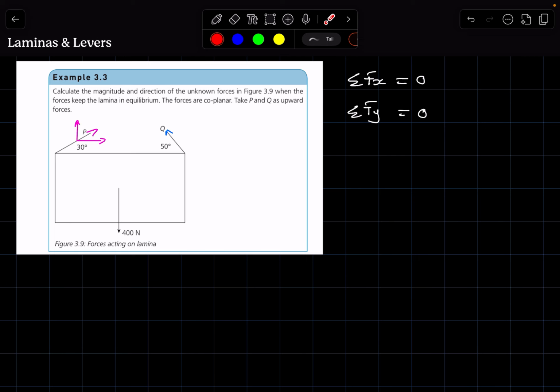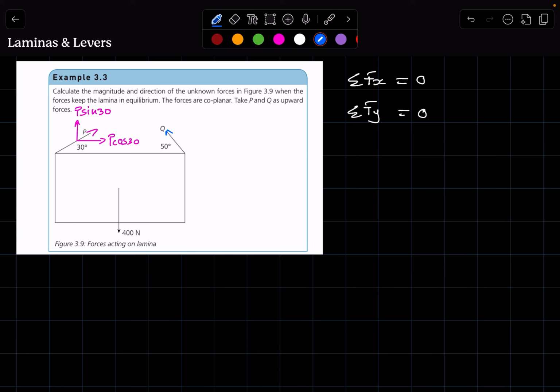So its components go towards the direction of force P. The vertical component will be in this direction, and seeing that it is headed up, it is positive P sine 30 degrees, and then the horizontal component is headed east, so it's positive P cos 30 degrees.